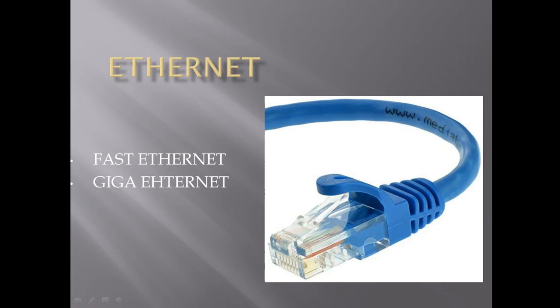It is a traditional technology for connecting devices in a local area network, LAN, or wide area network, or metropolitan area network, to communicate with each other via protocols. This protocol we already discussed, that is the TCP/IP protocol, Transmission Control Protocol, Internet Protocol, the common network language.